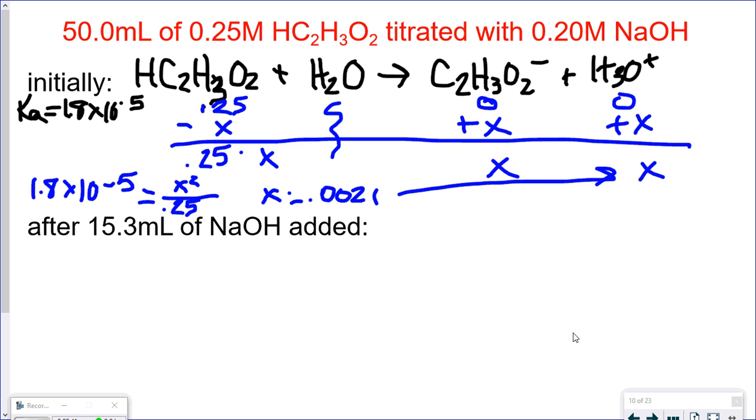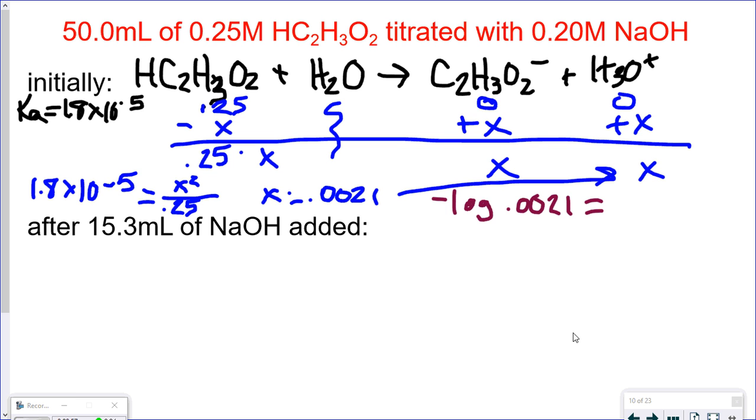So once we have the concentration of hydronium, we can plug in for pH. So it's going to be negative log of 0.0021. So our initial pH will end up being 2.67.